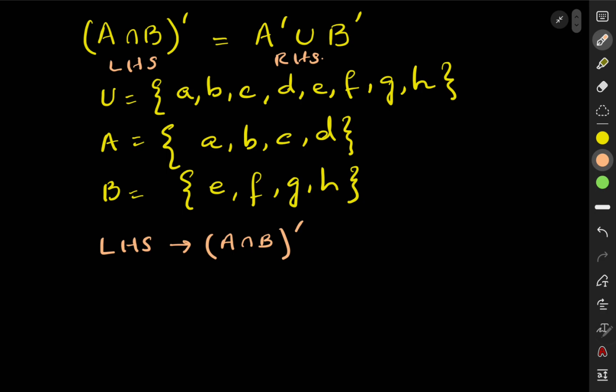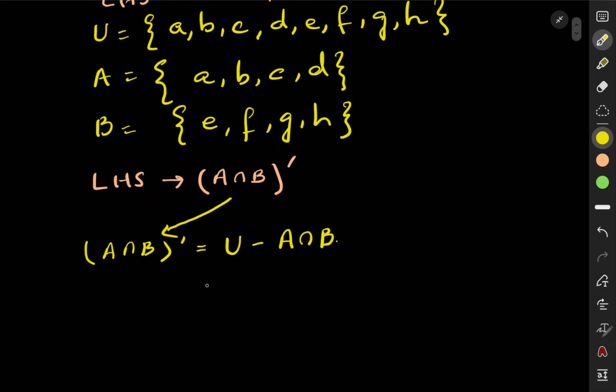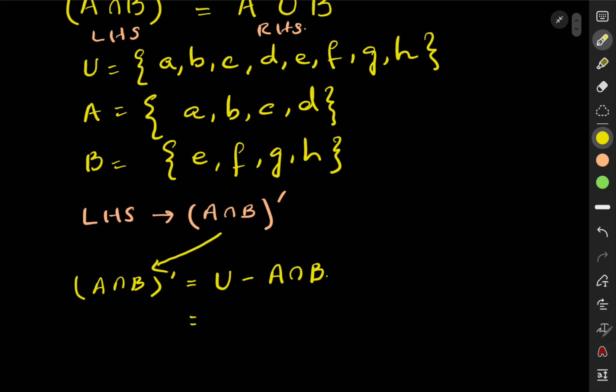Now the A intersection B whole complement means U minus A intersection B. So now we solve this one, U minus A intersection B. So we have U sets which has members.